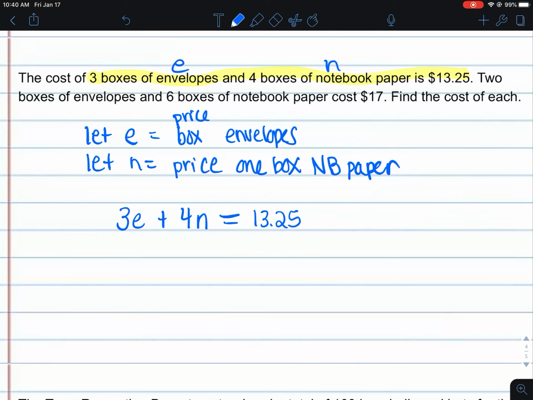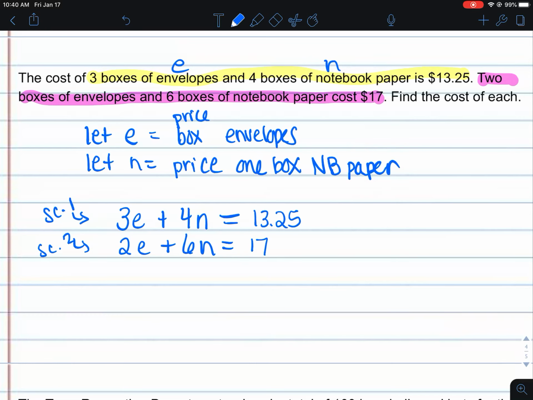And then the second equation, 2 boxes of envelopes and 6 boxes of notebook paper cost $17. So that would be 2E plus 6N equals $17. So those are your two separate equations. This is scenario 1, and this is scenario 2.